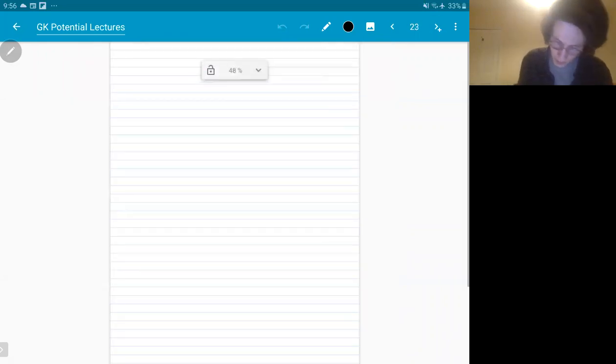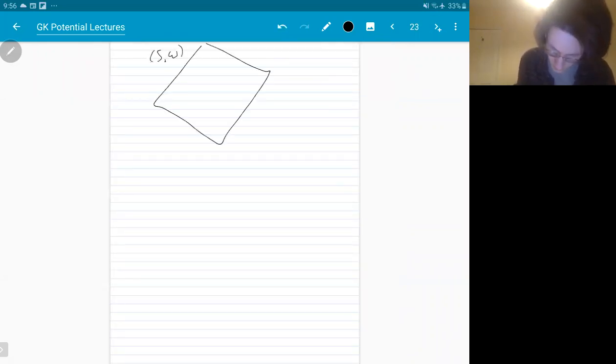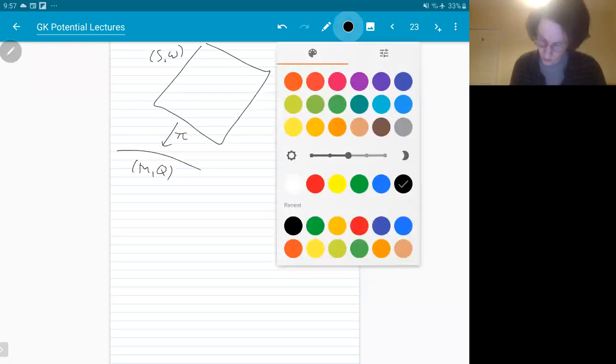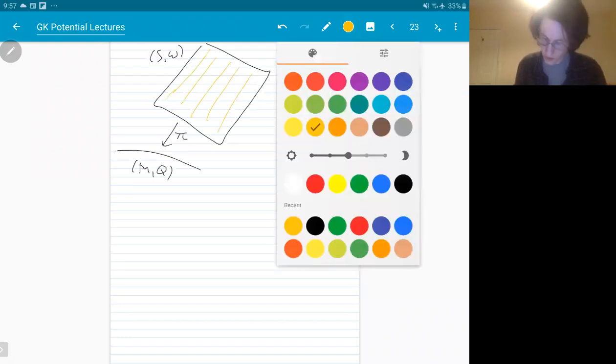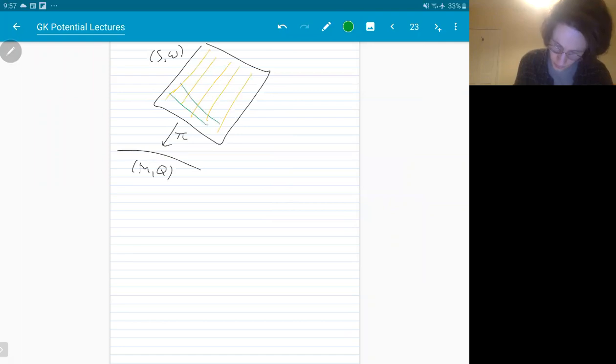So let me draw another picture. Here's (S, omega). Here's my original Poisson structure (M, Q). Here's my symplectic realization, and it has these fibers. What we've seen is that the orthogonal distribution is also involutive.